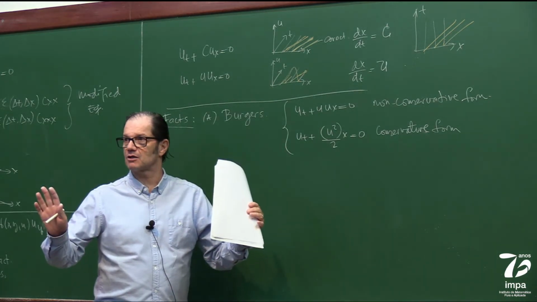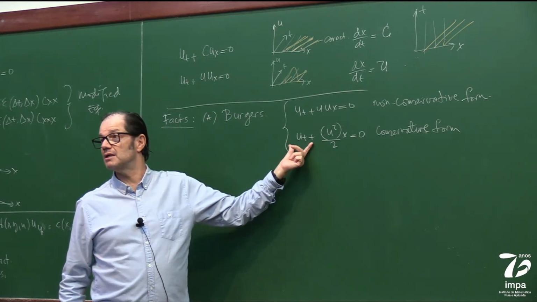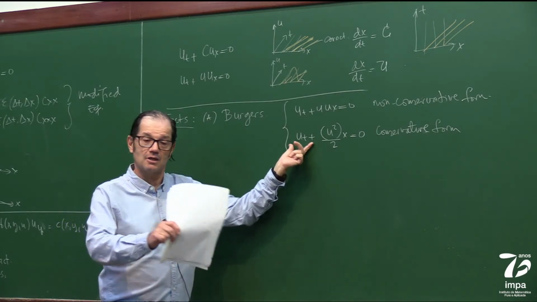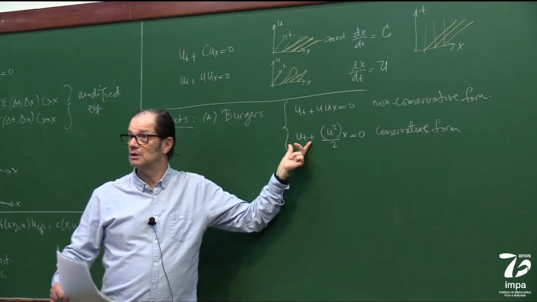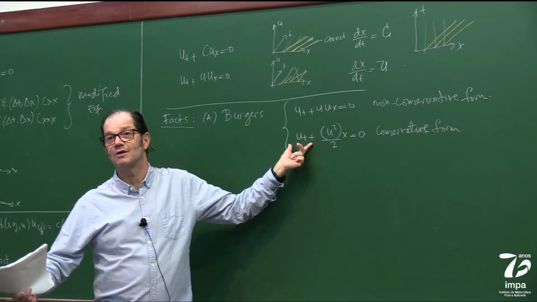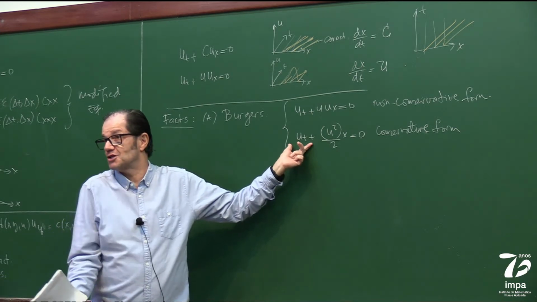If you integrate this in space, you're going to have the total mass of this, and pull the derivative in time outside, so you get the integral, say in an interval AB. On purpose I'm not going to write it so that we exercise. On an interval AB, I get the derivative in time of the integral in x from A to B of u. That is usually called the total mass of u, even if you're not doing fluid dynamics and it's not mass. In general, it could be mass.